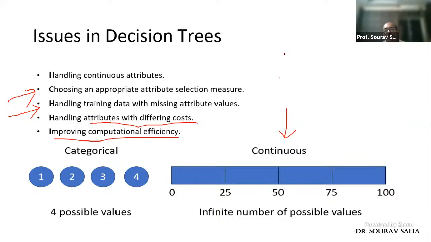For numeric variables, how do you find out whether the data is homogeneous or not?